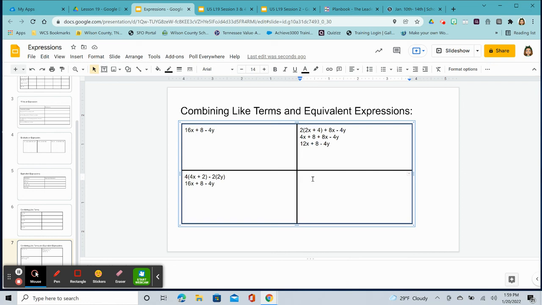Something else I want you to take note of, even if the expression was this, this is still equivalent to these other two. Even though it's not in the same order, it's still equivalent.